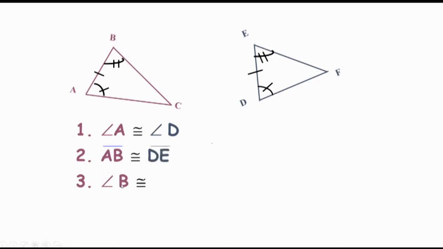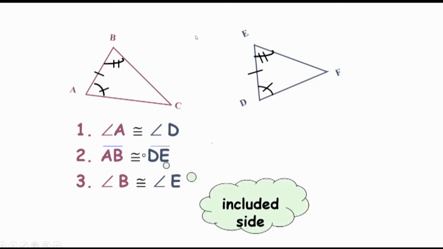And angle B, it has two slashes, let's mark it. Which angle is congruent to angle B? That will be angle E. So, therefore, we can say side AB, which is congruent to side DE, is called an included side, because it's right between two angles.